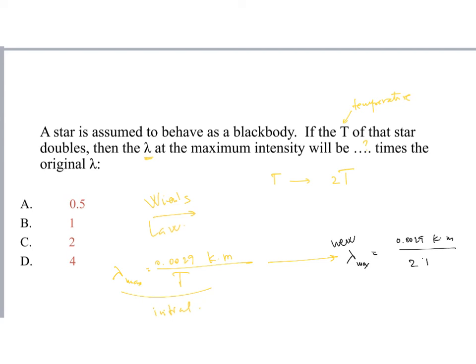And then we have 2 times the temperature, right? Okay, so we can rewrite this. It's going to be 1/2 of, basically what's left here is 0.0029 divided by T, which is initial lambda max. So we found the ratio, okay? The correct answer will be half, right? The new wavelength at maximum intensity will be half, or 0.5 times the original wavelength.